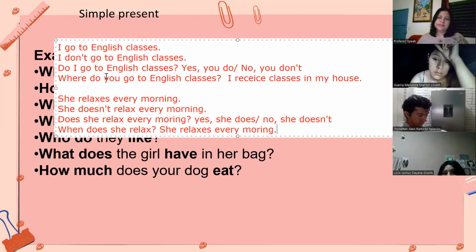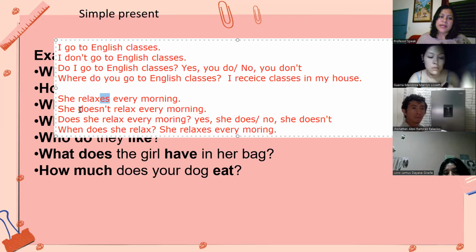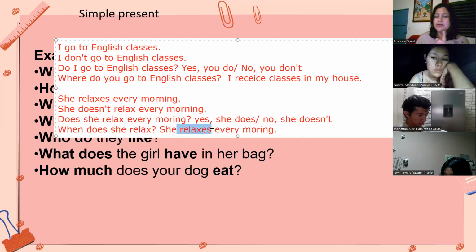Okay? So we have affirmative, we apply the rule. Negative, auxiliary, and the verb doesn't change. Questions, auxiliary, and the verb, there is no change. WH question, auxiliary, the verb doesn't change. Answer, affirmative, the verb changes, okay, for third person.